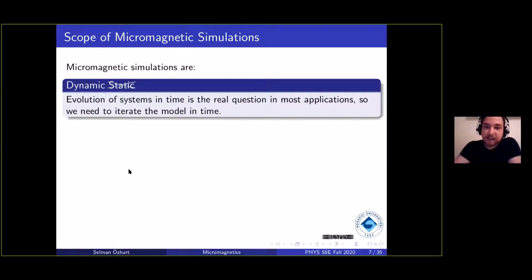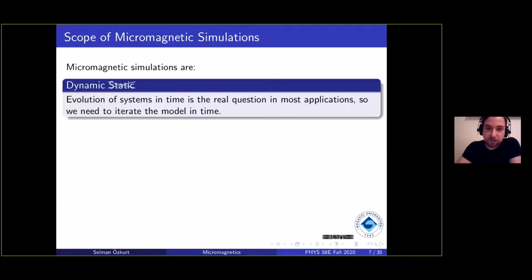And the exact scope of micromagnetic simulations is a dynamic rather than static simulation. In order to do any kind of simulation study, whether it's a socioeconomic simulation or some technical simulation, we need to define the abstract scope of the simulation study. Micromagnetic simulation investigates the system's behavior in time.